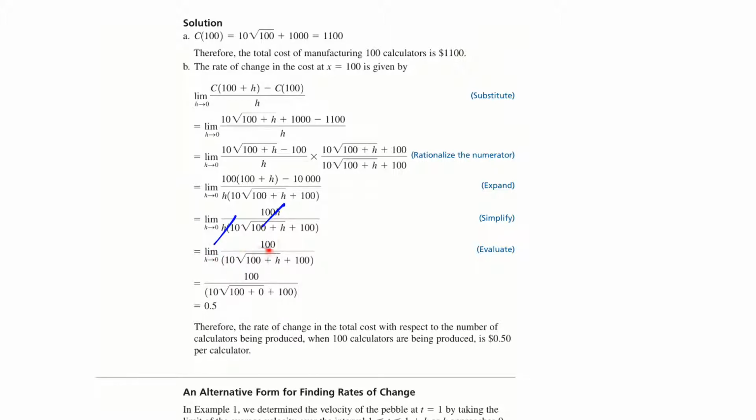The limit would be the limit of 100 divided by 10 square root of 100 plus h plus 100. This can be reduced by 10 as well. When h approaches 0, this limit would be 100 divided by 10 square root of 100 plus 100, which is 100 divided by 200, 0.5.